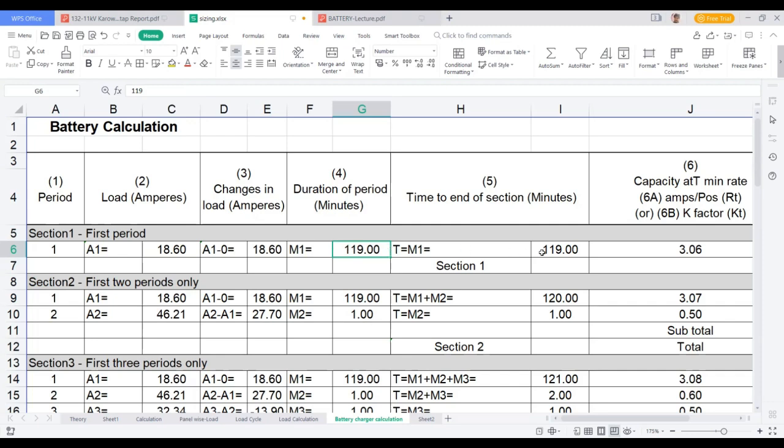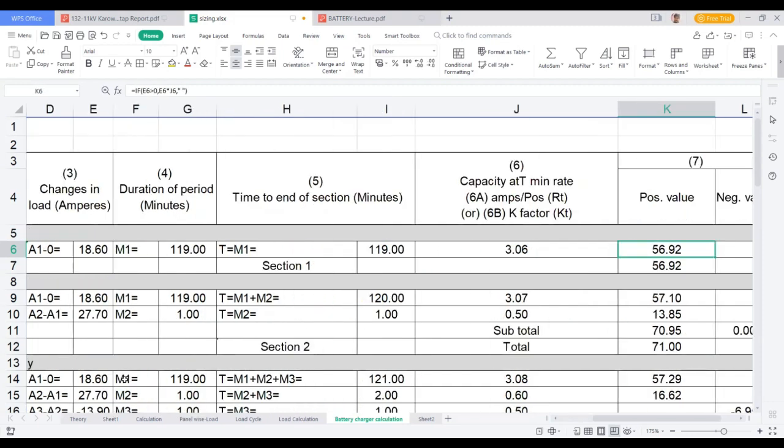To satisfy this condition, there is one factor that we call the capacity rating factor, which tells how many amps a positive plate can supply for a period of time at 25 degrees Celsius. Suppose a positive plate can supply 3.06 amps for time period T. So this 3.06, the time period is 119.